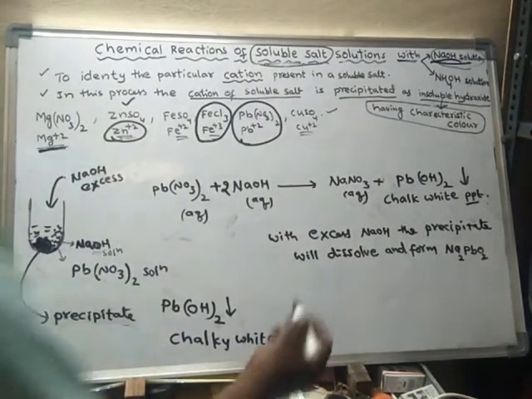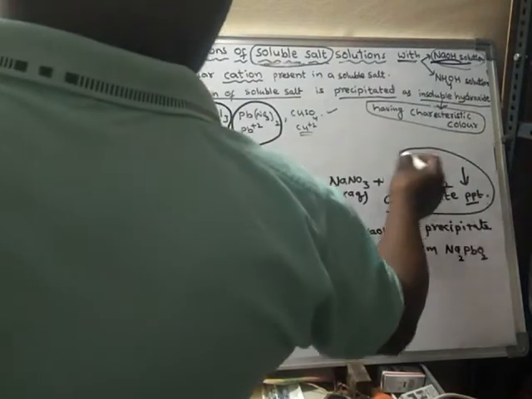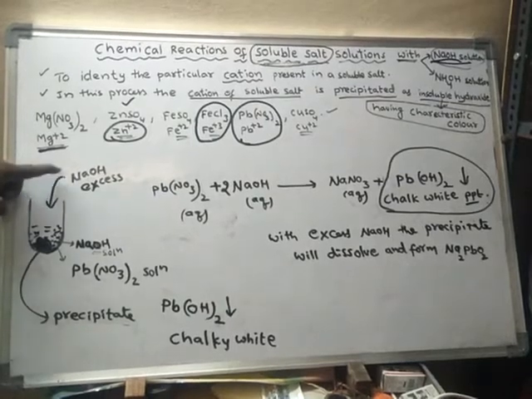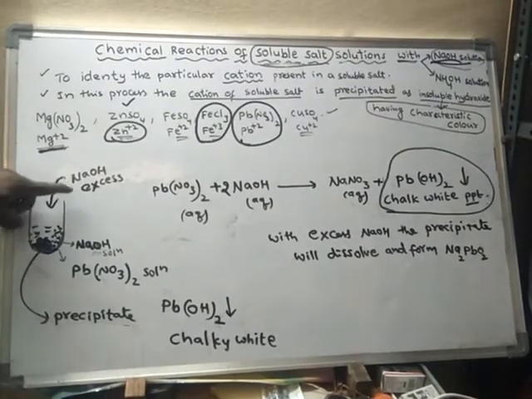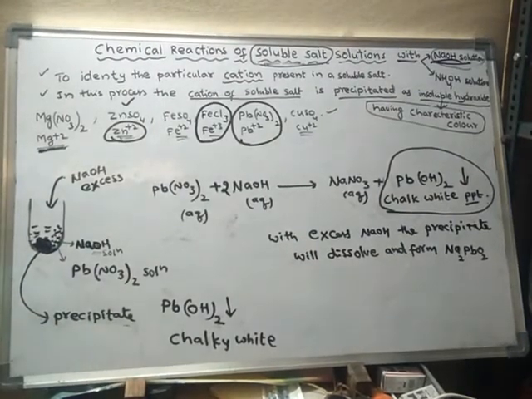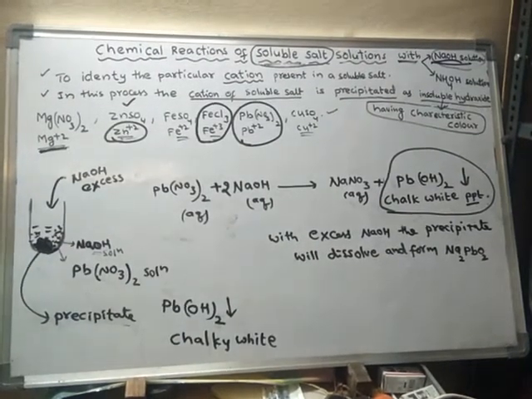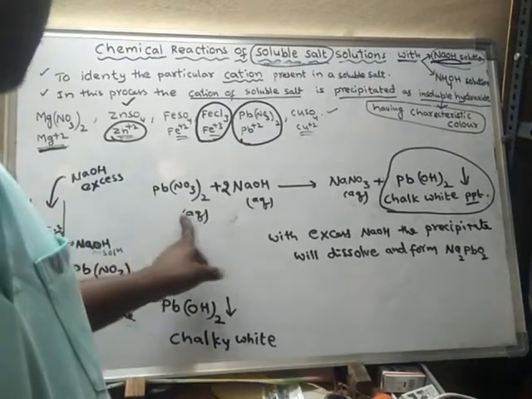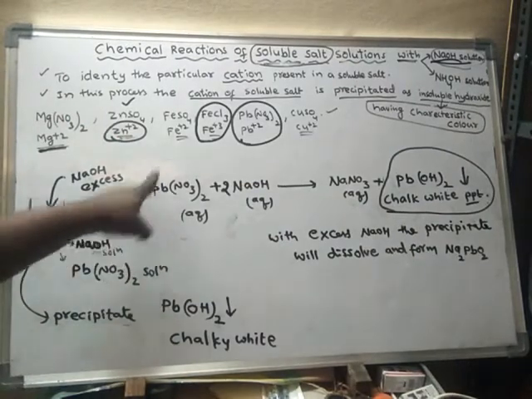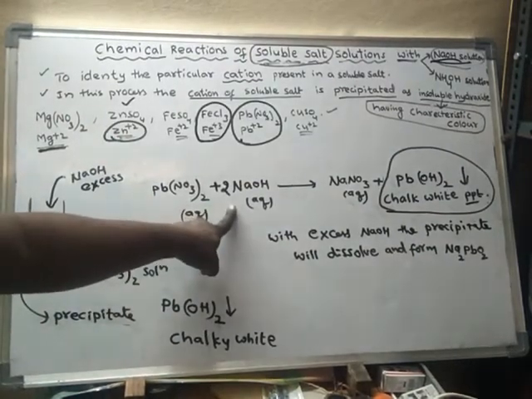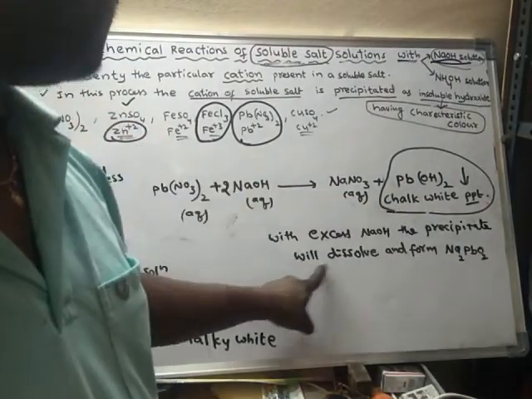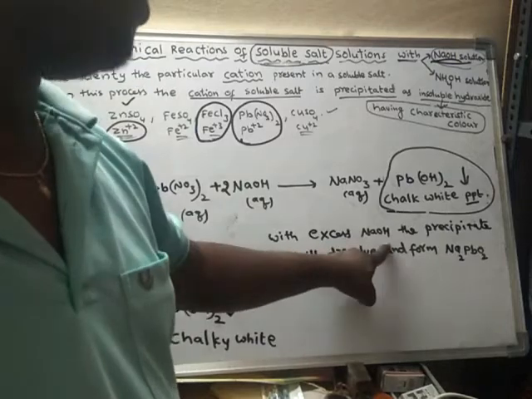So this chalky white precipitate is soluble when an excess amount of sodium hydroxide is added. From this it is understood that initially a chalky white precipitate is formed when the soluble salt reacts with sodium hydroxide solution, and this precipitate dissolves in excess sodium hydroxide.